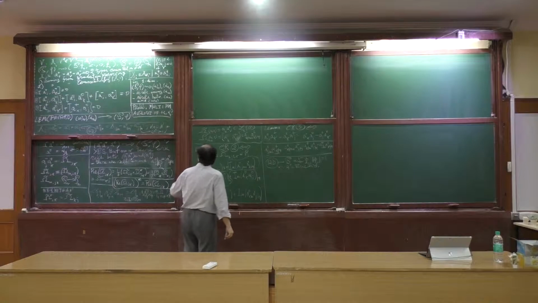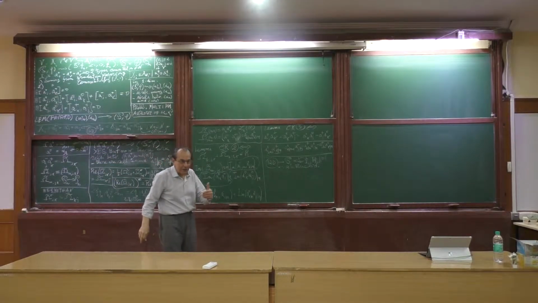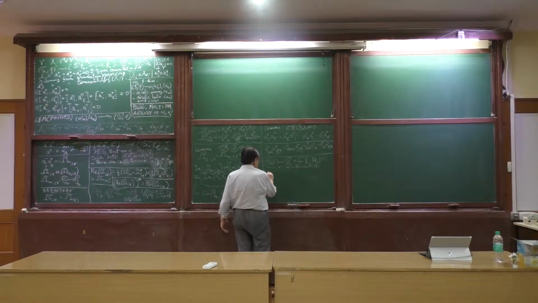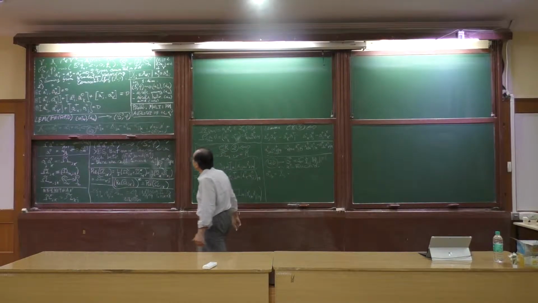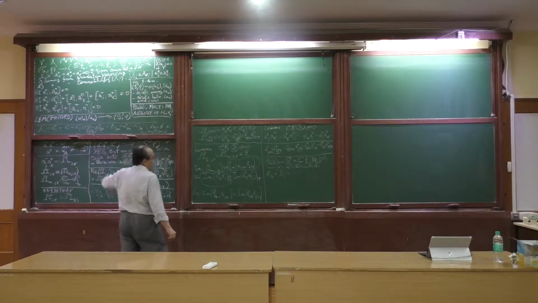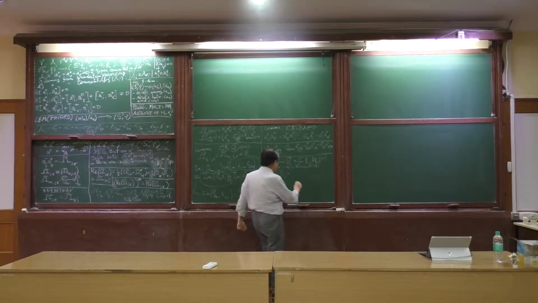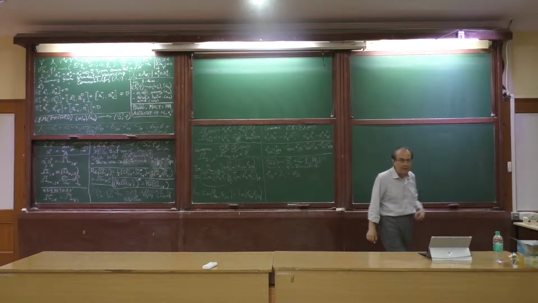Therefore, the inductive definition of the creator will be A dagger J restricted on P0 is x_j minus A0J restricted to the space P0.